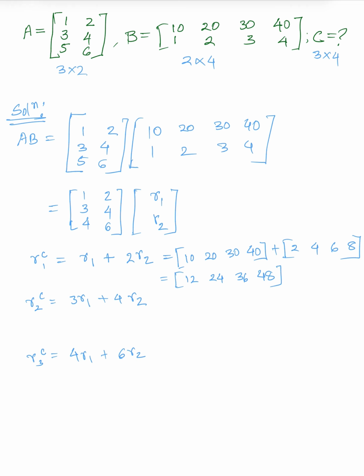This is our first row, and the second row is going to be 3 multiplied by this, which becomes 30, 60, 90, 120, and 4 times R2 means 4, 8, 12, 16, which gives us 34, 68, 102, 136.